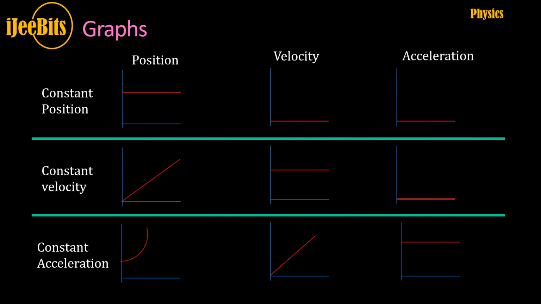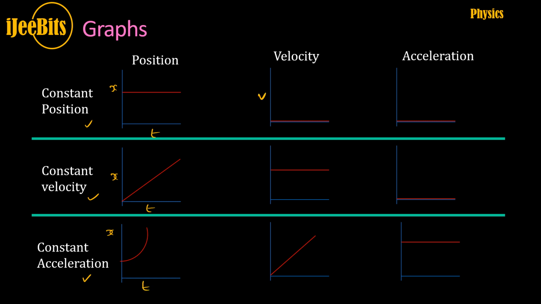Now look at these diagrams and let me know your understanding. This is basically giving a perspective of constant position, constant velocity, constant acceleration. So this is an xt graph, right? This is the xt graph.